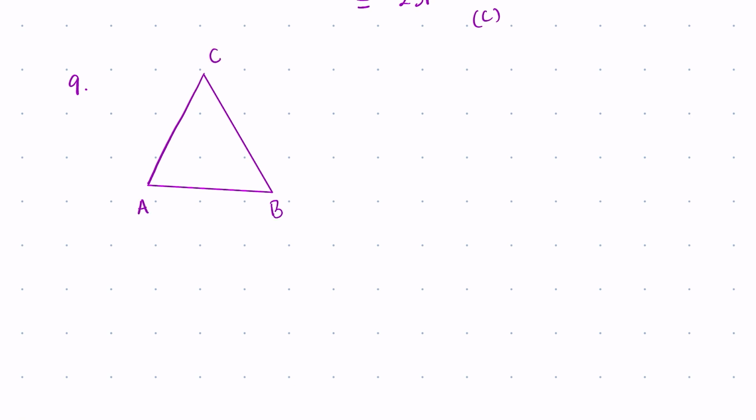DE is parallel to AB, so there is a line segment DE which is parallel to the side AB. If CD is equal to 3 centimeters, so let's represent that here, EC is equal to 4 centimeters, and BE is equal to 6 centimeters, then DA is equal to what?